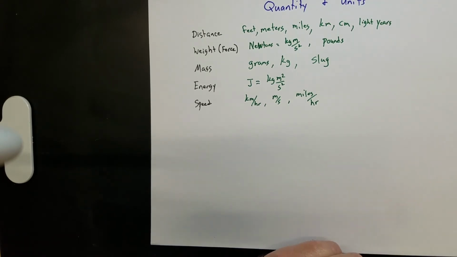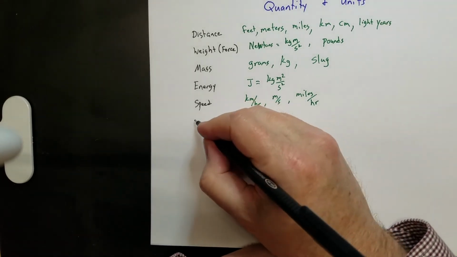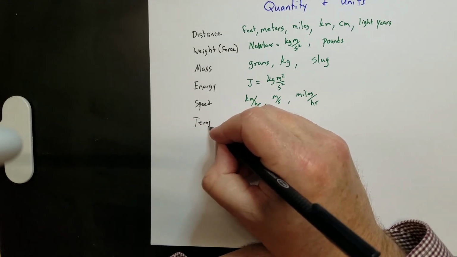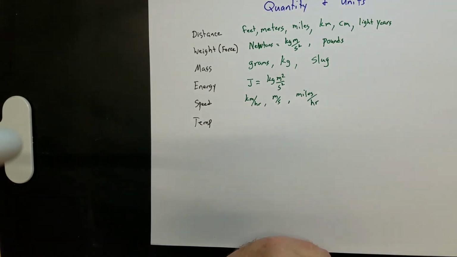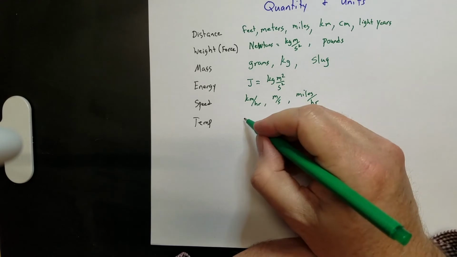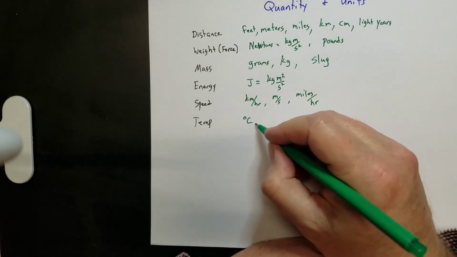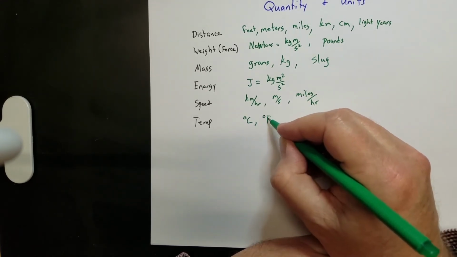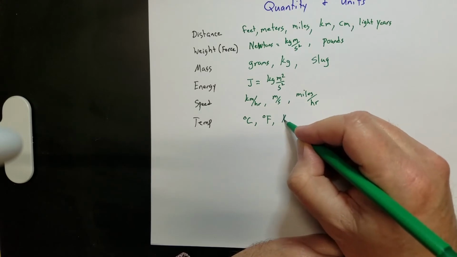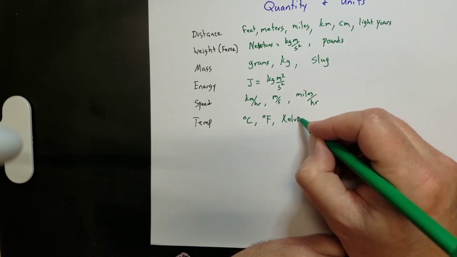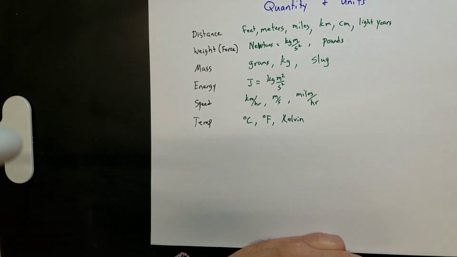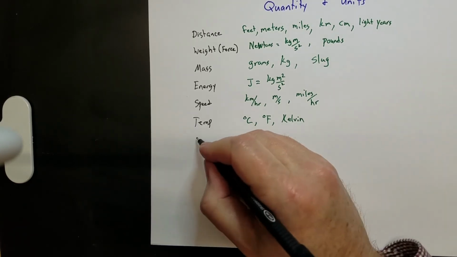We can measure temperature. And we've got three main units for those. We have degrees Celsius, degrees Fahrenheit, and Kelvin. We can measure time.